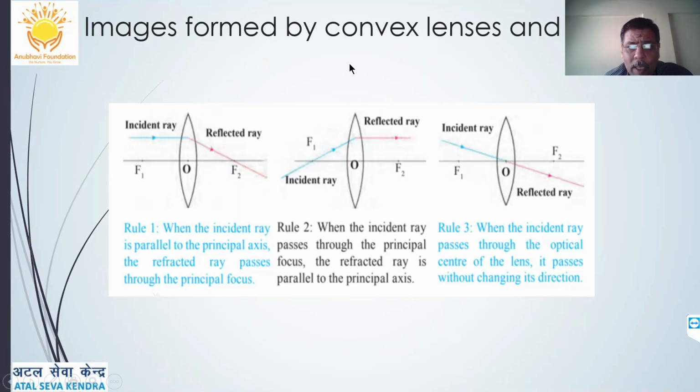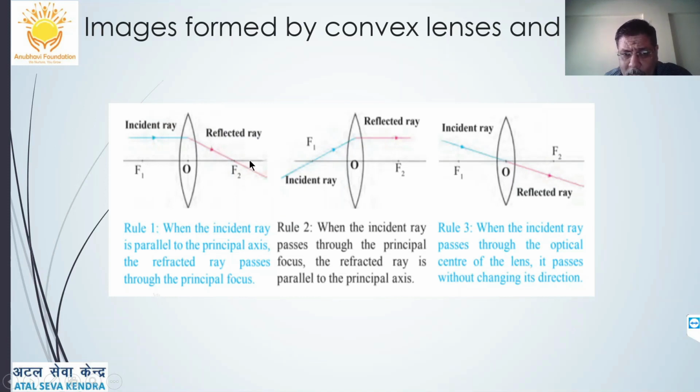Let's talk about the images formed by convex lenses and the laws. We will take three different types of incident ray. Since lenses show refraction, the light rays will change their path after passing through the lens. In the first case, when the incident ray is parallel to the principal axis, after getting refracted from the lens, it will pass through the principal focus on the other side.